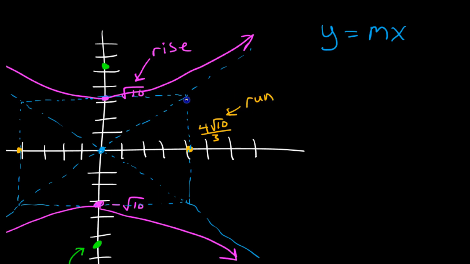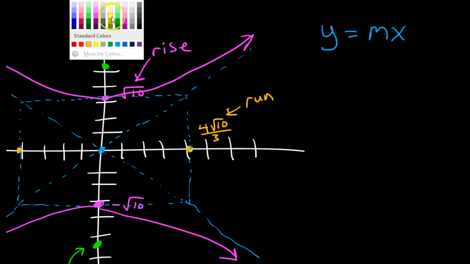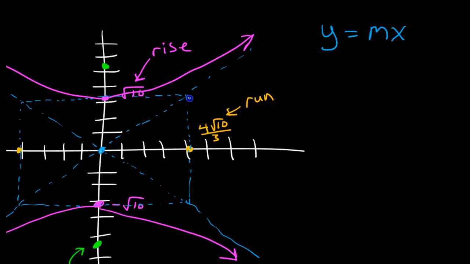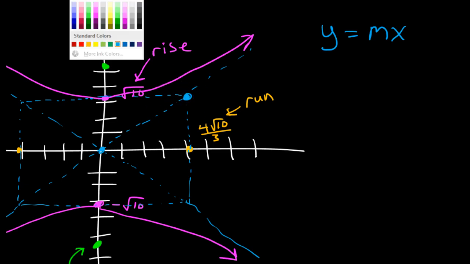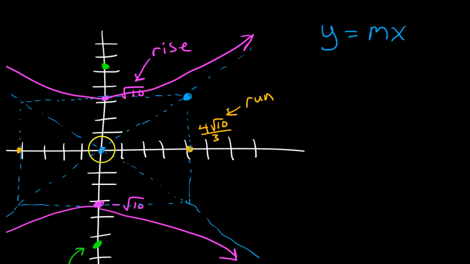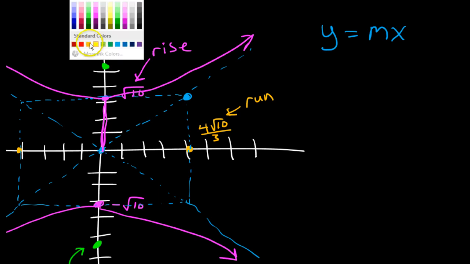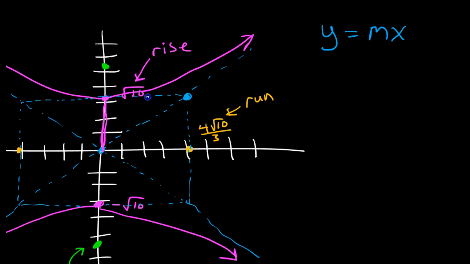Okay? Because if you look at the corner of this box, the corner of the rectangle that we drew for the asymptote, hopefully you can see that we had to go up. Okay, this amount. This is the rise, which is radical 10. And then we have to go over this amount.